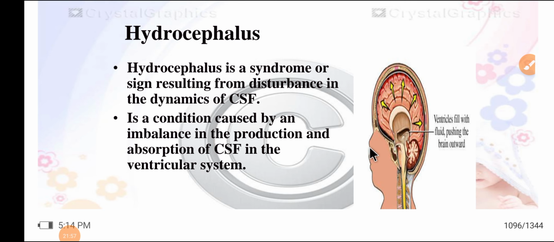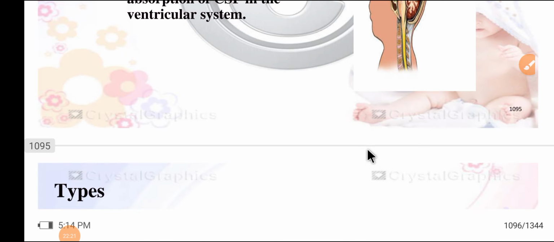Hydrocephalus is a syndrome or sign resulting from disturbance in the dynamics of CSF. It is a condition caused by an imbalance in the production and absorption of CSF in the ventricular system.